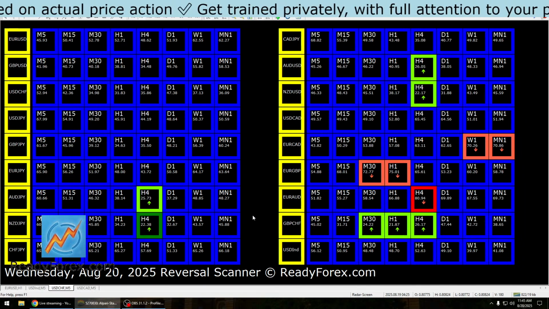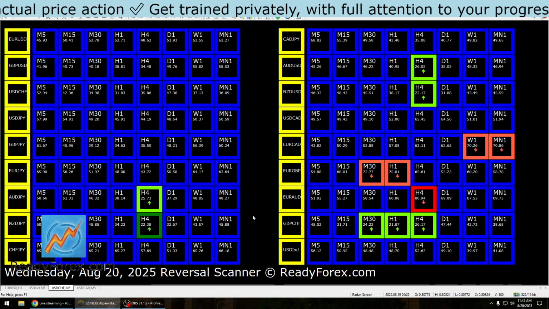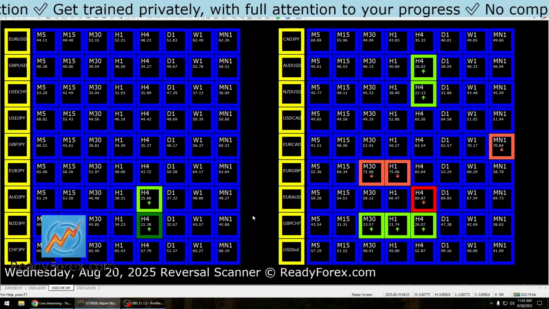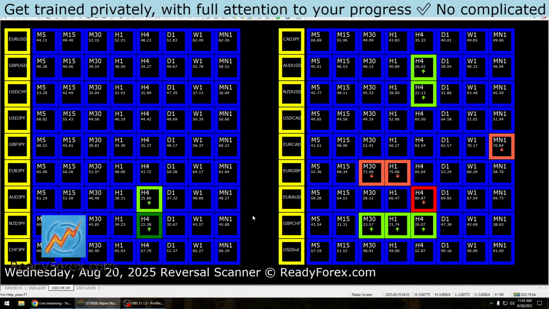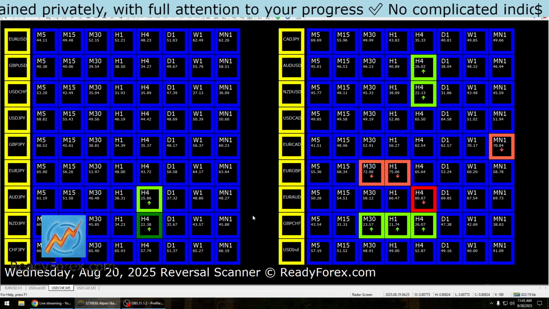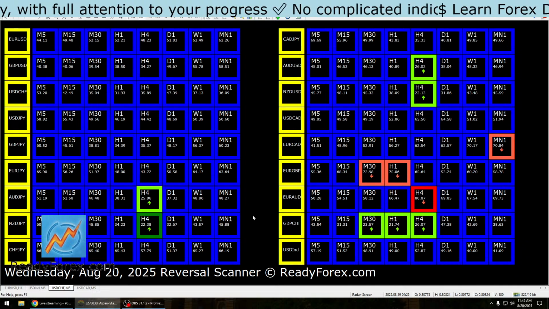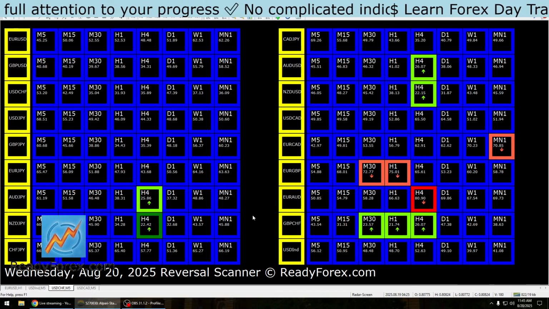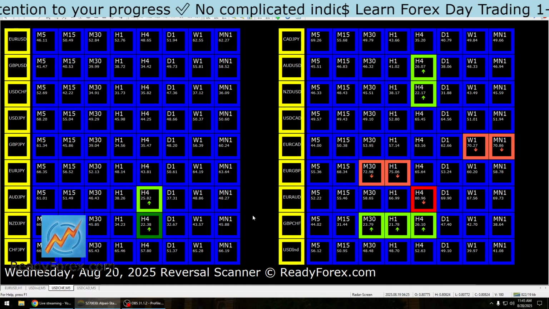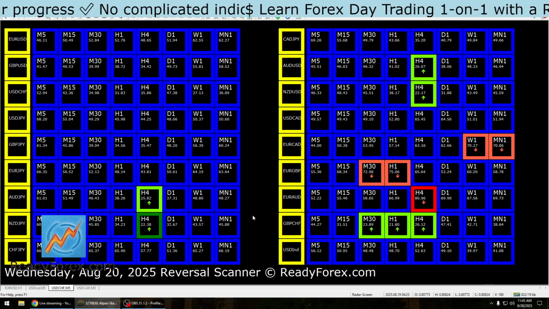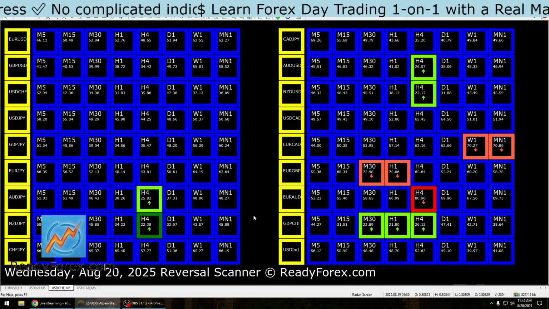I use these custom designed radar screens, also known as dashboard indicators. I personally designed them, tested them. These are my very own custom indicators, and they help me to quickly identify what's going on across multiple time frames. And I check out multiple currency pairs with the help of a few mouse clicks.